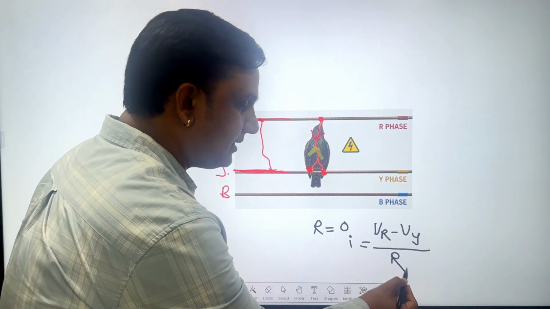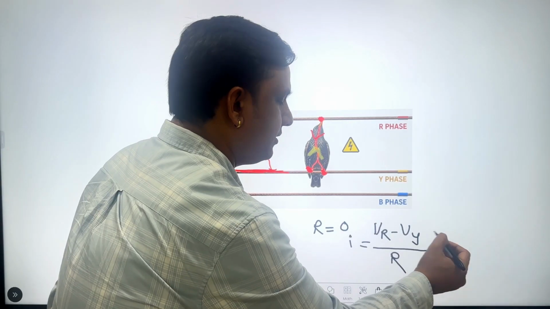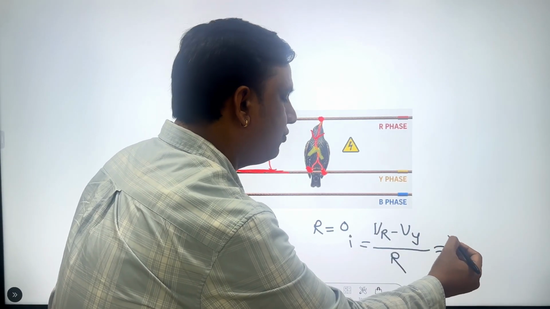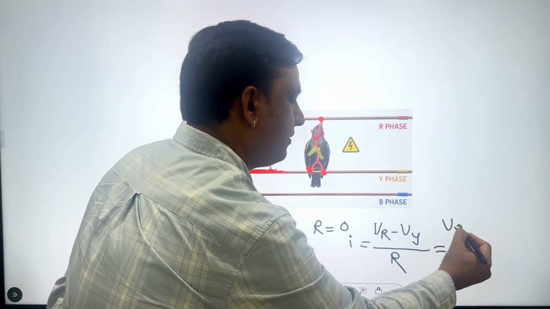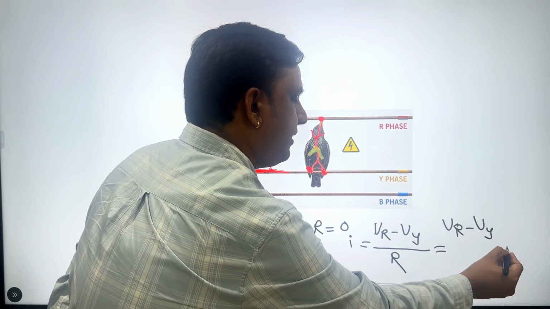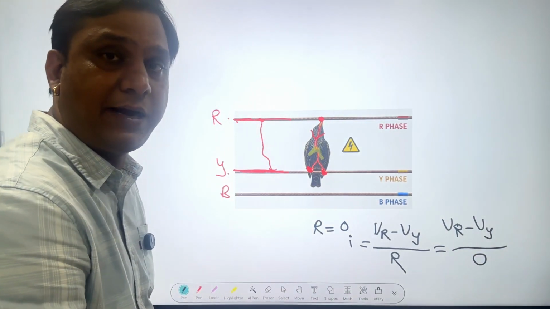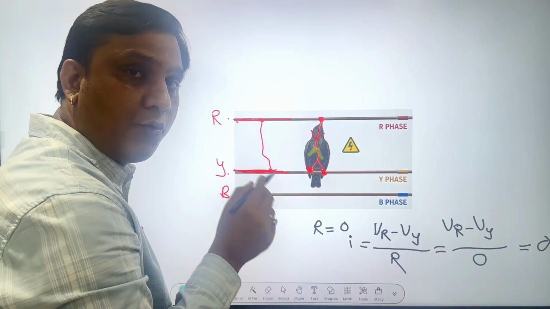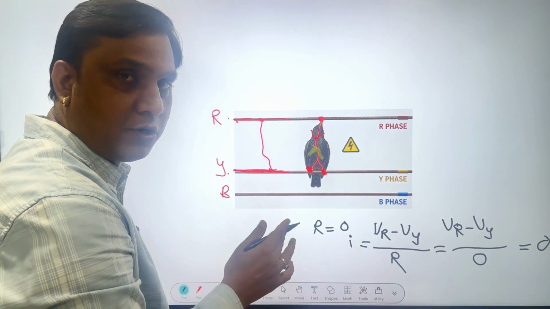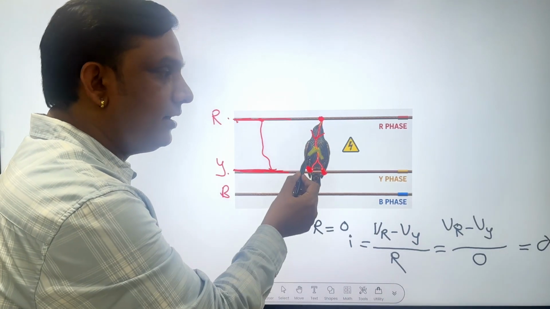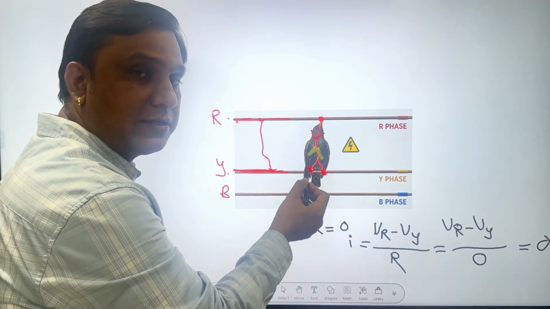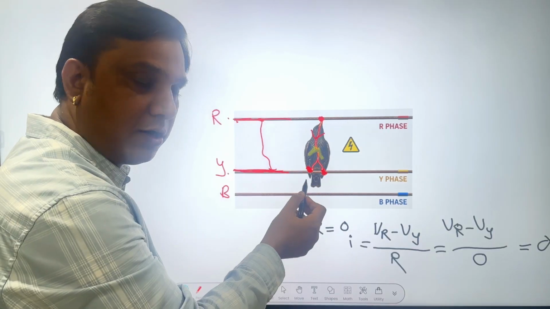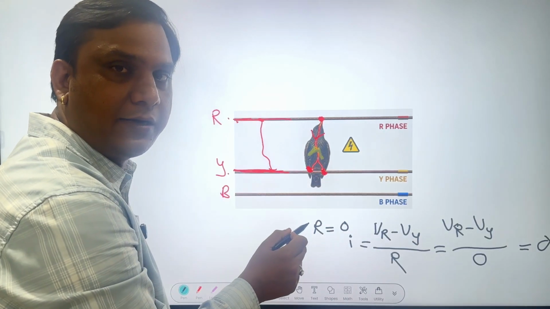So if R is equal to 0, that means this difference, whatever the value, VR minus Vy, divided by 0. And when we are dividing it by 0, it becomes infinite. So we can say a very huge amount of current is flowing through the body of the bird, and hence the bird gets a huge electric shock and it will die there.